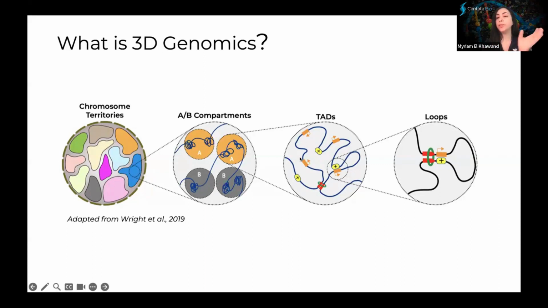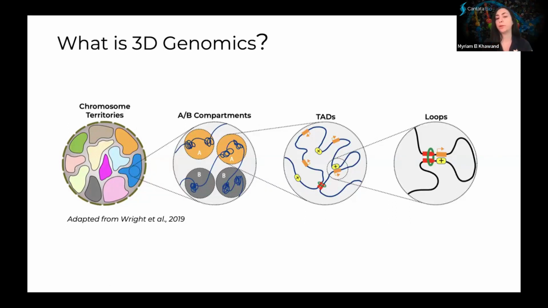If you zoom in more, you see this other topological feature, the TADs, or topologically associating domains. And these domains promote interactions of sequences that are contained within the same domain, and they limit interactions of sequences outside of that domain. So in a way that if you have an enhancer, it actually interacts and acts on a gene promoter that is located within the same TAD, and it limits the interaction or the ability of this enhancer to act on a promoter that is located outside of that TAD.